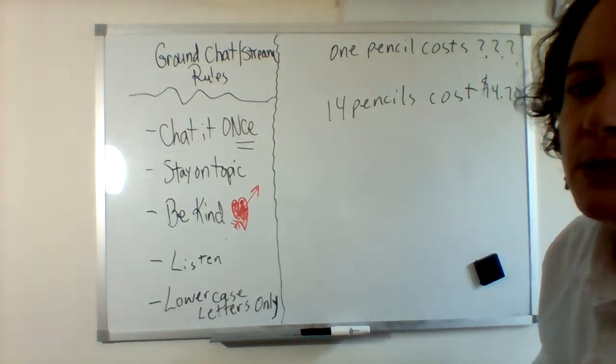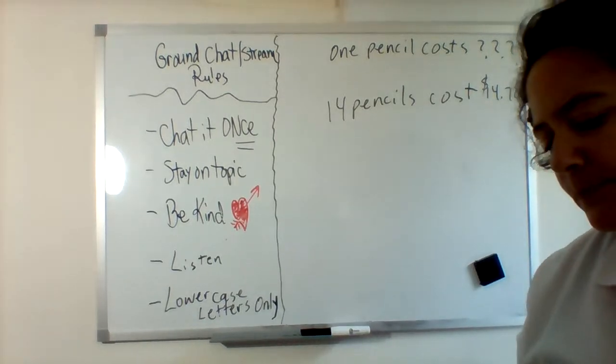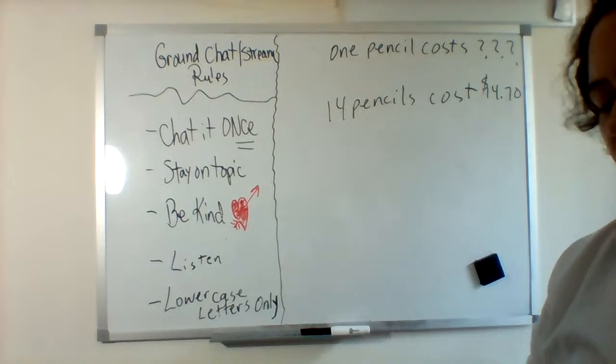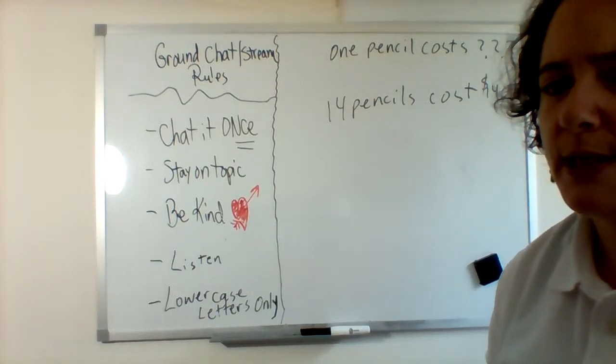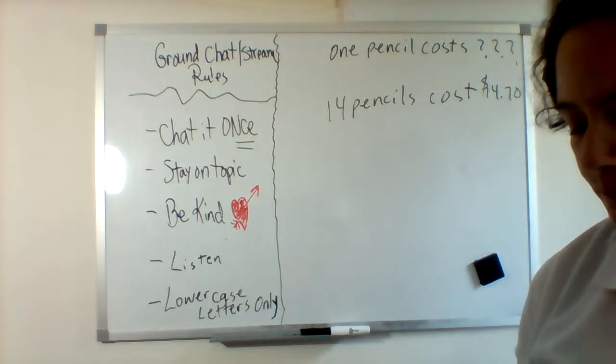Okay, so would you give me the expression or the equation, please, so that I could see what you did? Or did you do a double number line diagram or a table? Just let me know what your method was.